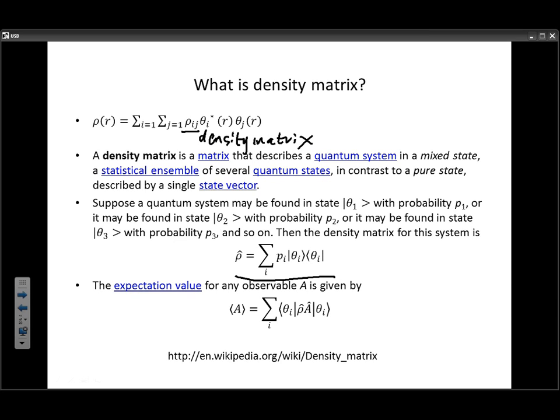The expectation value for any observable A is given by this form: the summation of the expectation value of A for each pure state, weighted by the probability P.